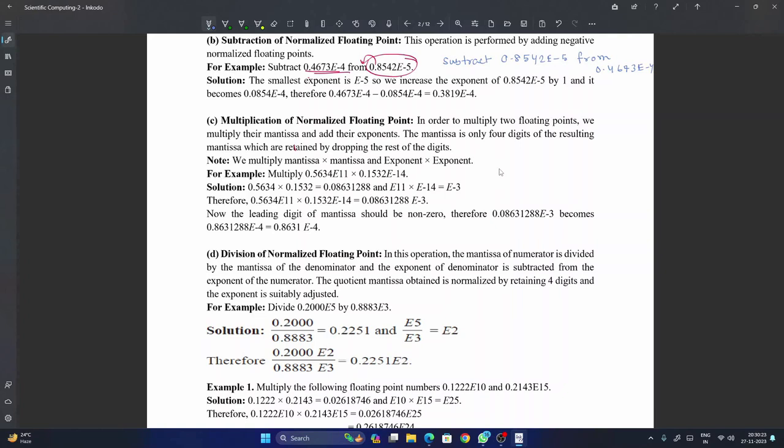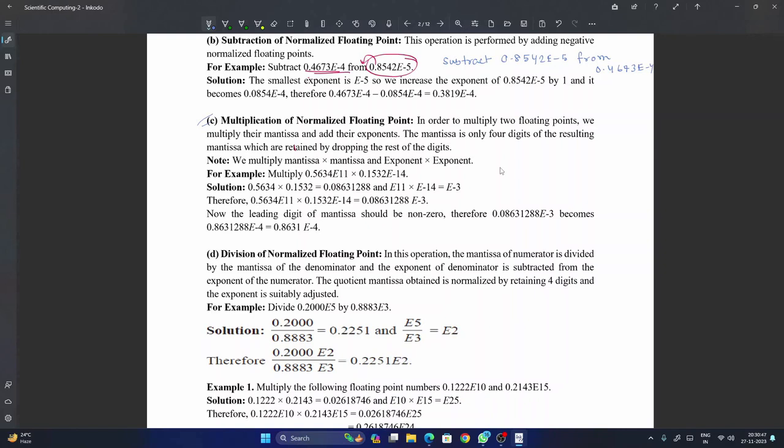Whatever the numbers may be, just make it normalized and after that just multiply it. So here the multiplication pattern will be: multiply the mantissa and then multiply the exponents. Suppose you want to multiply these two numbers, 0.5634 E11 and 0.1532 E minus 14.